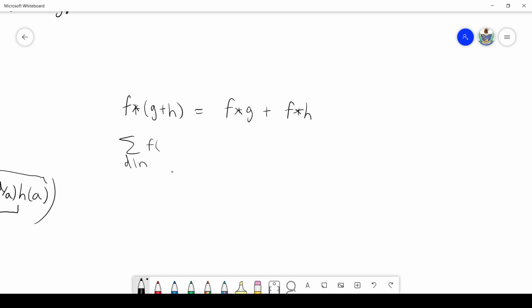So here we just have f of d, and then on the inside here we're going to have g of n over d plus h of n over d. And here we just have regular number multiplication, right? So we can distribute, and then of course the sum is going to distribute over this addition sign.